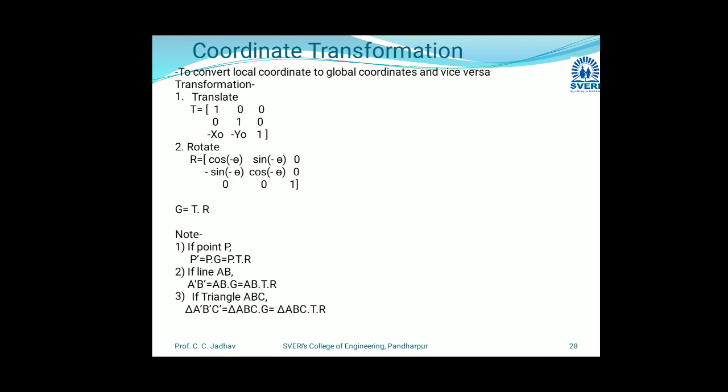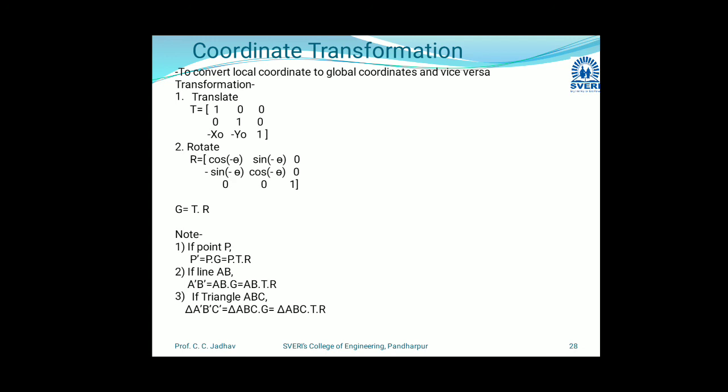So already we have seen the first, geometric transformation. In that we have seen the five transformations. In translation, we used only the addition form, adding between two matrices. Second, we have seen homogeneous transformation, where all operations are done by matrix multiplication. And now we have seen coordinate transformation.